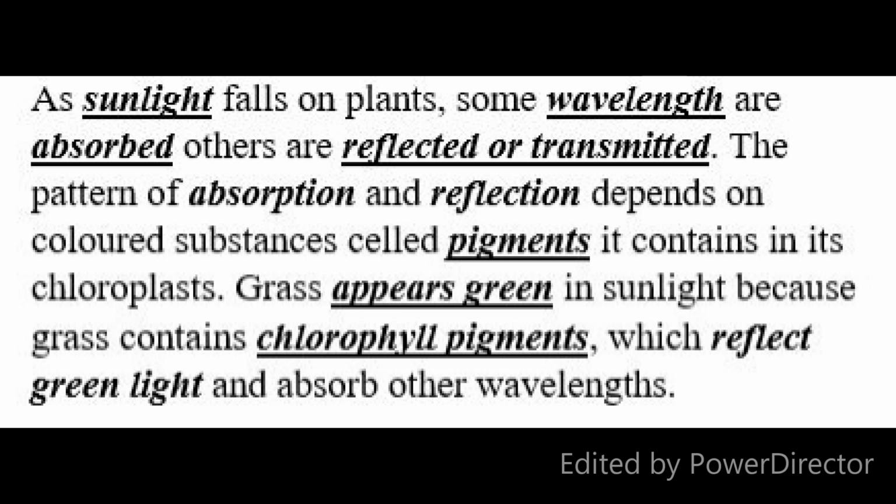The pattern of absorption and reflection depends on the colored substances, called pigments, in the chloroplast. Grass appears green in sunlight because it contains chlorophyll pigments which reflect green light and absorb other wavelengths.